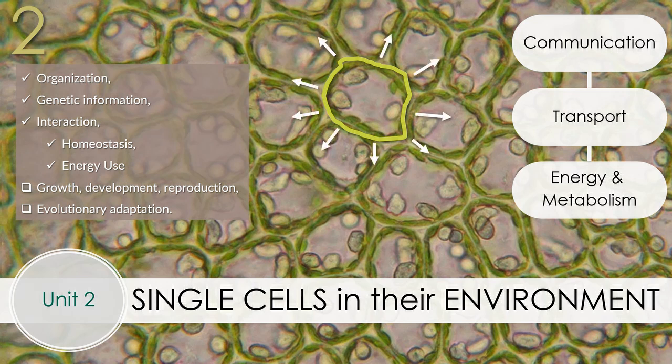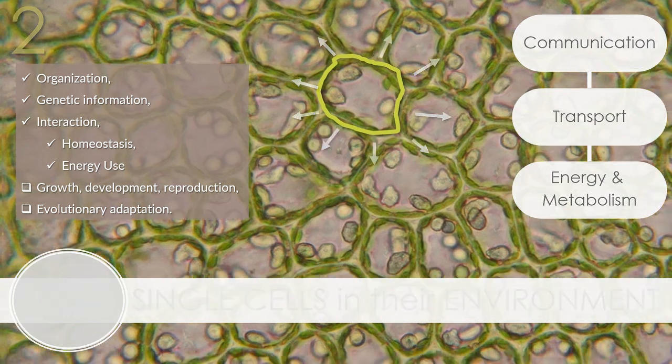This means we will be looking at how the cell interacts with its environment to communicate with other cells, to transport items in and out of itself, and to help maintain homeostasis, as well as how a cell uses and produces energy by using what's available to it in its environment.